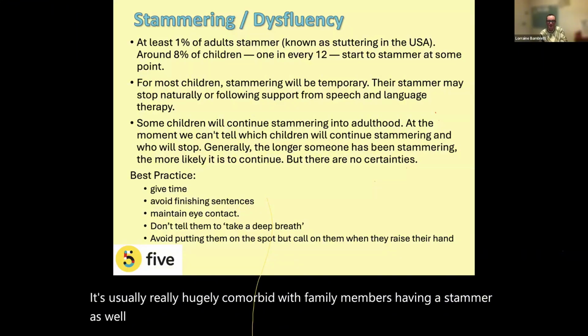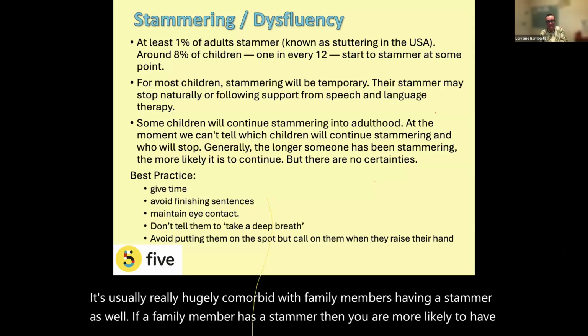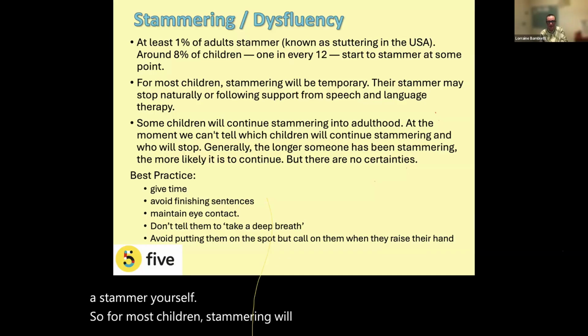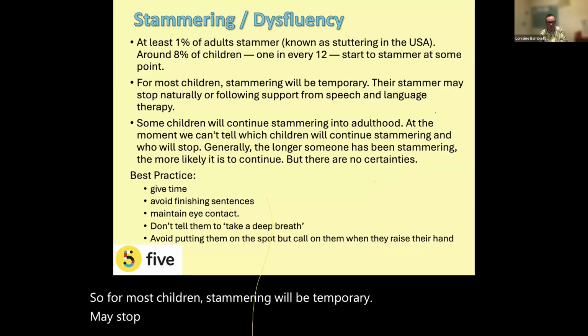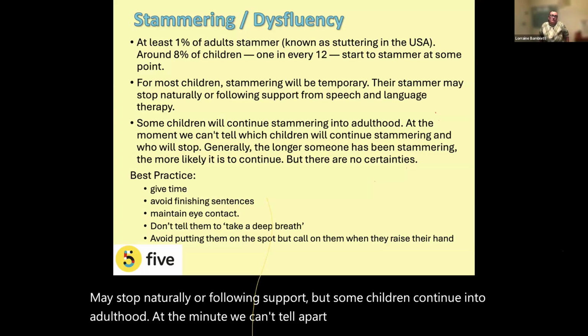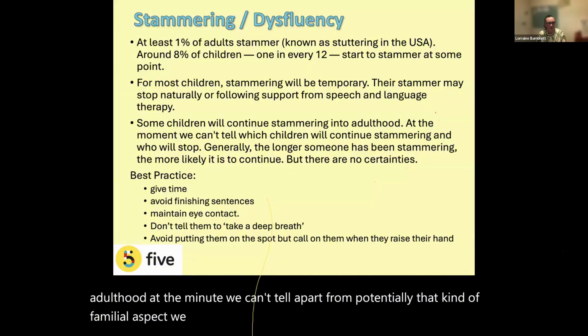If a family member has a stammer, then you are more likely to have a stammer yourself. So for most children, stammering will be temporary. Their stammer may stop naturally or following support, but some children continue into adulthood. At the minute, we can't tell, apart from potentially that kind of familial aspect, we can't tend to tell who's going to continue.